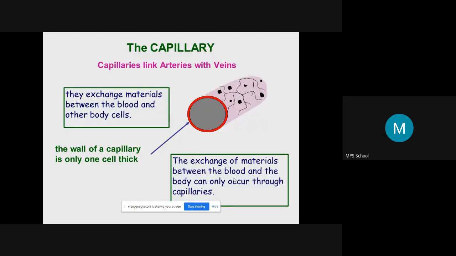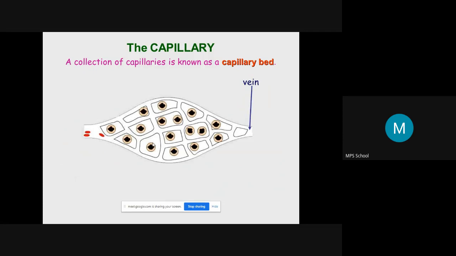It helps in the exchange of material between the blood and the body cells. Just remember this one line: exchange of material is the function of capillaries. And this is the structure of a capillary.